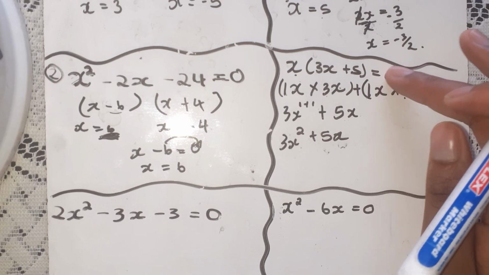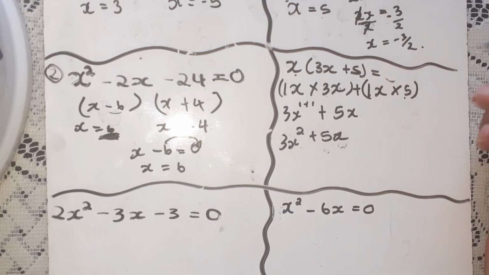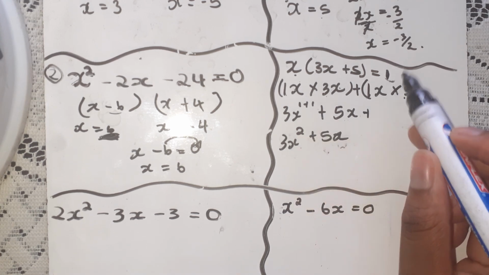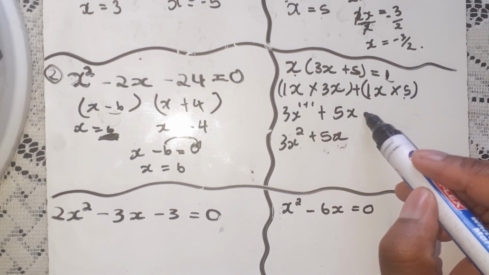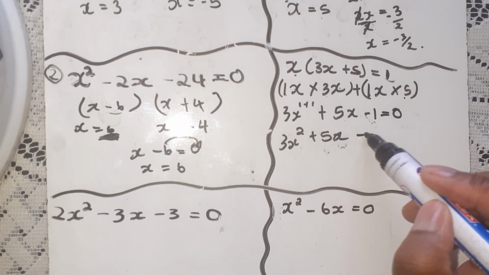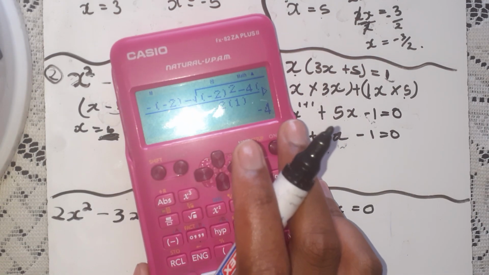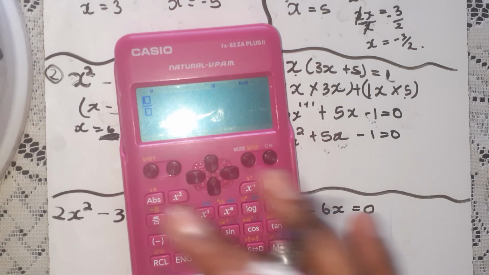I made a mistake here. So this is equals to 1. Okay, and then here we'll say this one was positive. So when it comes to the other side, it will be negative. And this is where we are right now. So I will also use the quadratic formula.